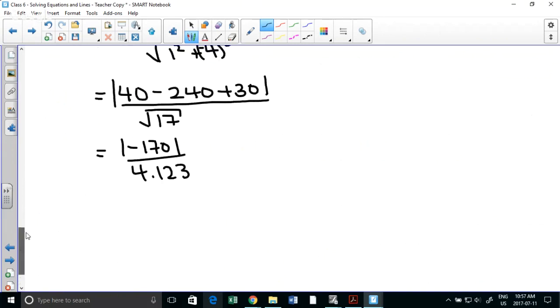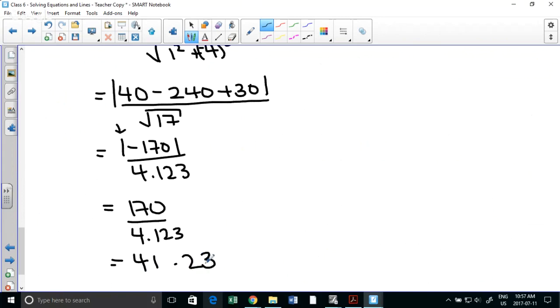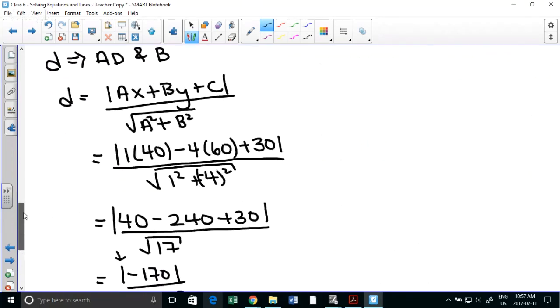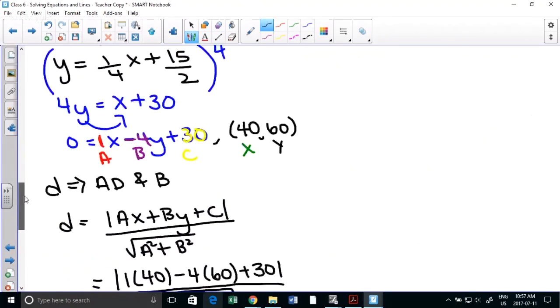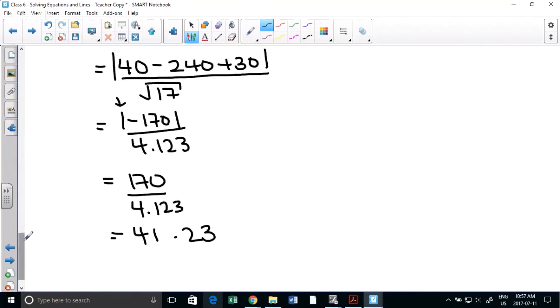Because we have a negative, we drop it because of those brackets, so it just becomes 170. And I divide. So I get 41.23. So this measure here is 41.23, meaning that is the height of the parallelogram.